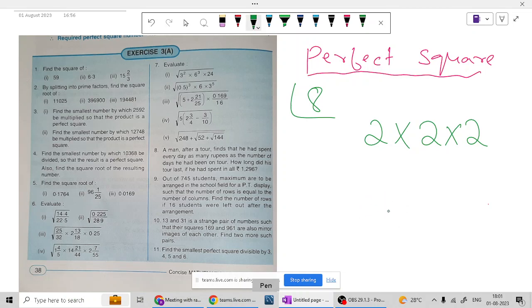Just check now, students. I'll write 5 into 2. Is it fine? Still no, sir. It's the same problem.